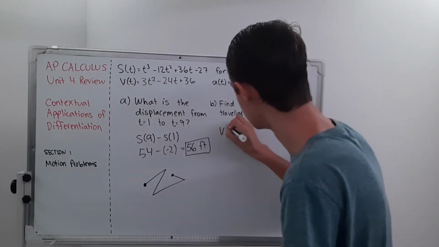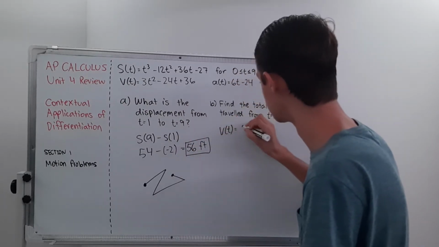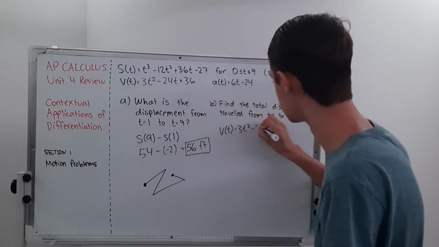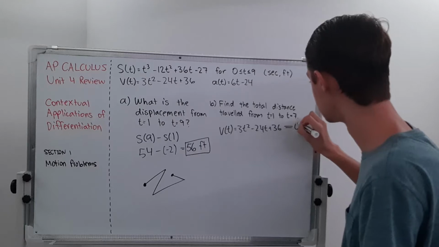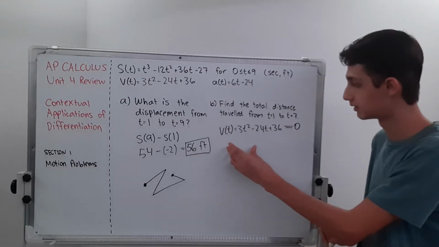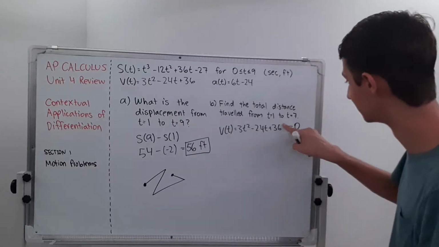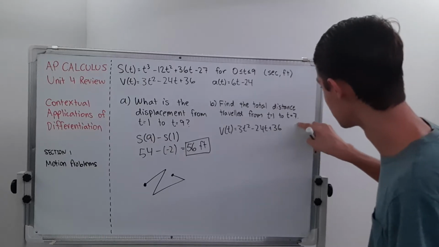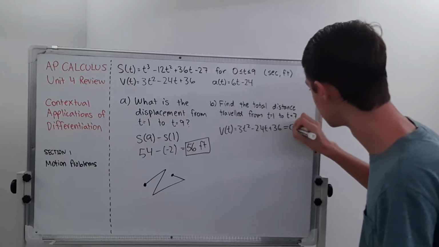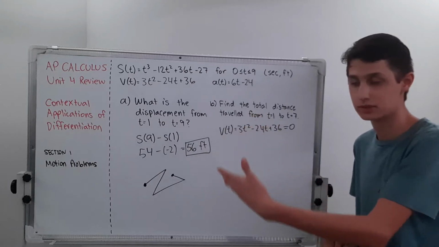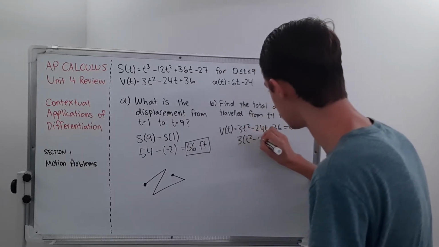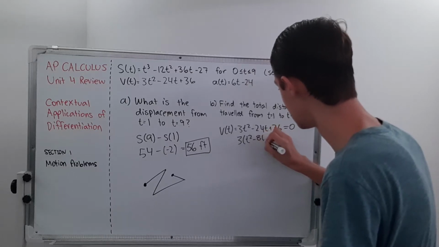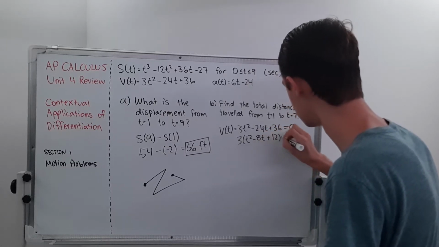So if we take v of t, which is 3t squared minus 24t plus 36, we're going to set this equal to 0. Let me just make it a little better. First we factor it: we can factor out 3, then t squared minus 8t plus 12 equals 0.